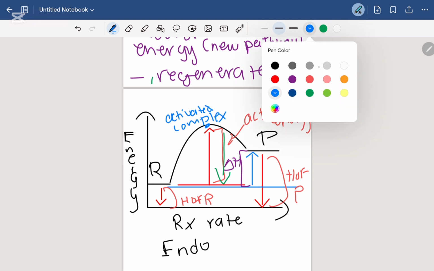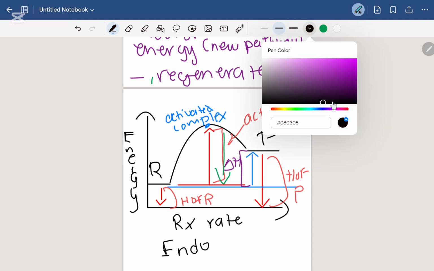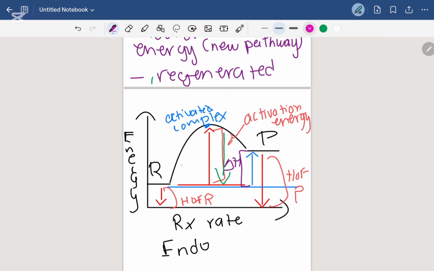So let us say that now we need a new color. Let's say this pink, okay? This pink is now our new forward and our new backward reaction. So let us then draw the curve with respect to the new forward and backward reaction.